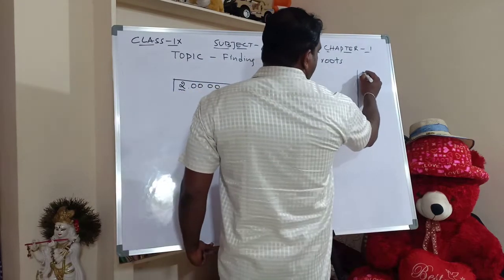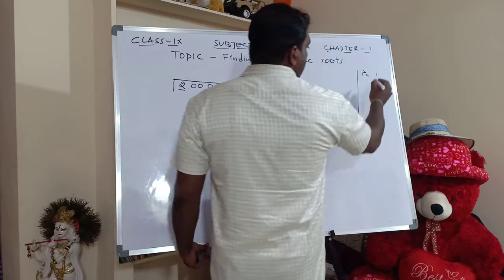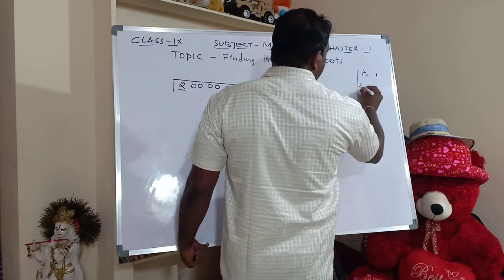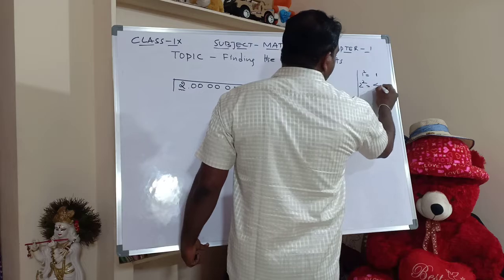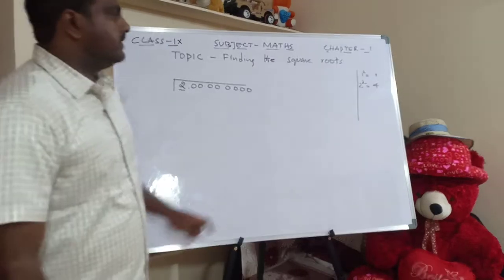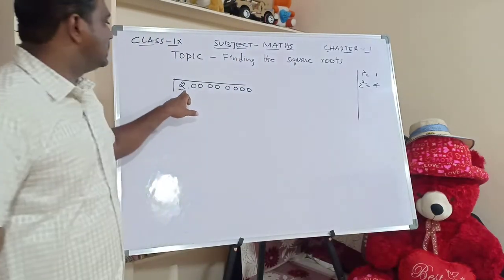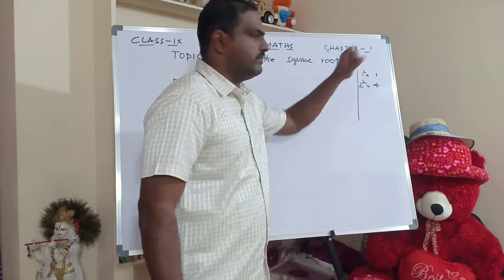I have written here 1 square, that is 1 into 1, the answer is 1. Then 2 square, that is 2 into 2, it is 4. So 2 is in between 1 and 4. That means its nearest perfect square is 1.